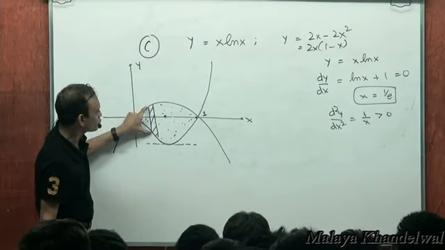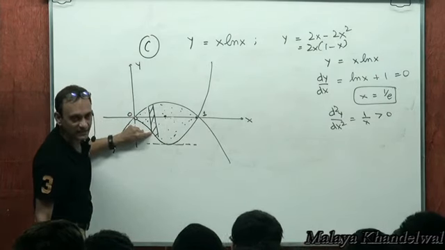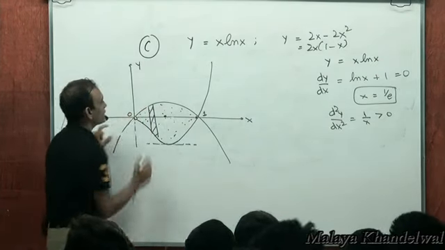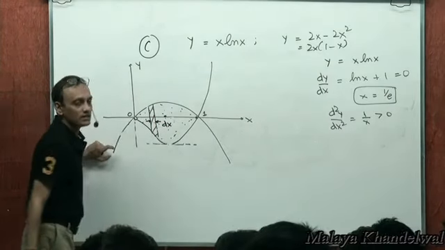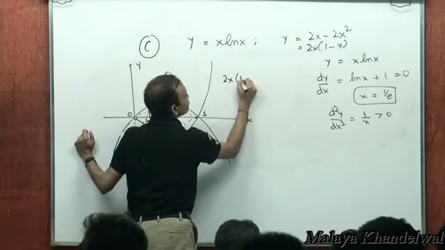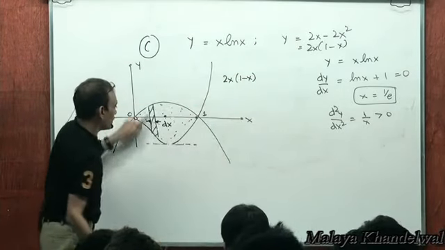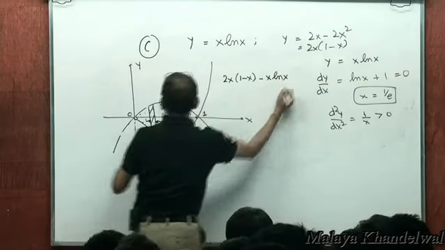This length would be 2x into 1 minus x minus x ln x, right? That will be the length, and of course, each of these strips, as is customary, is selected of thickness dx. So 2x into 1 minus x is the y of the parabola minus y of this, which is x ln x, will give me this length.